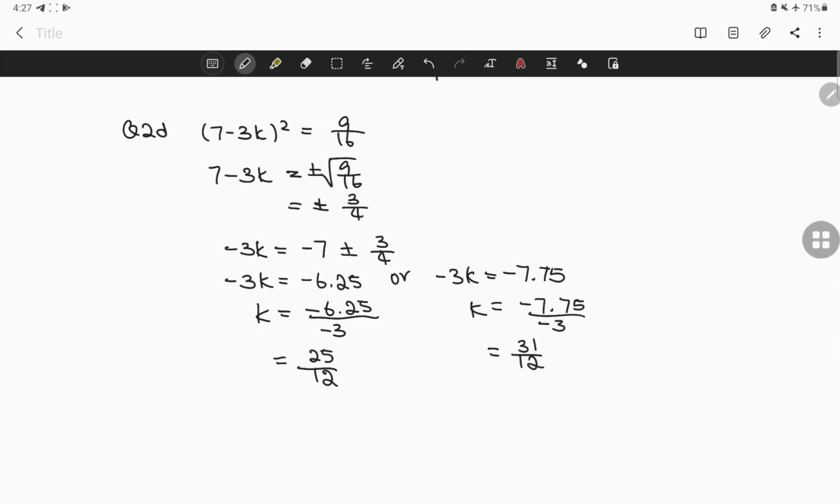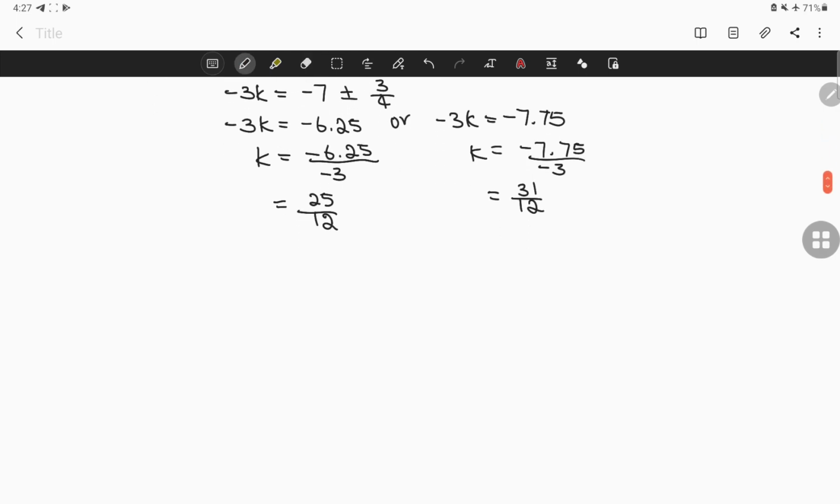So you can leave it as 31 over 12, or you can leave it as 2 and 7 over 12. Likewise for 25 over 12, you can leave it as 2 and 1 over 12 as well. So either this or this, don't put both. So in this case, I'll just keep one of them, and that's all.